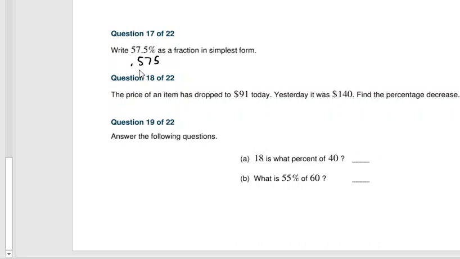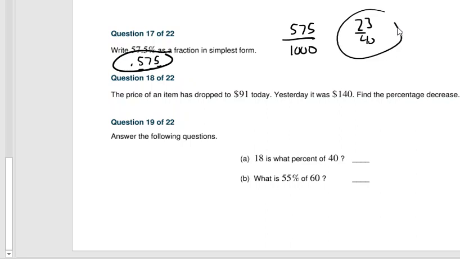And to write this as a fraction, this is tenths, hundredths, thousandths. So the fraction would be 575 divided by 1,000. It's 575 thousandths. And when we simplify that, we get 23/40.